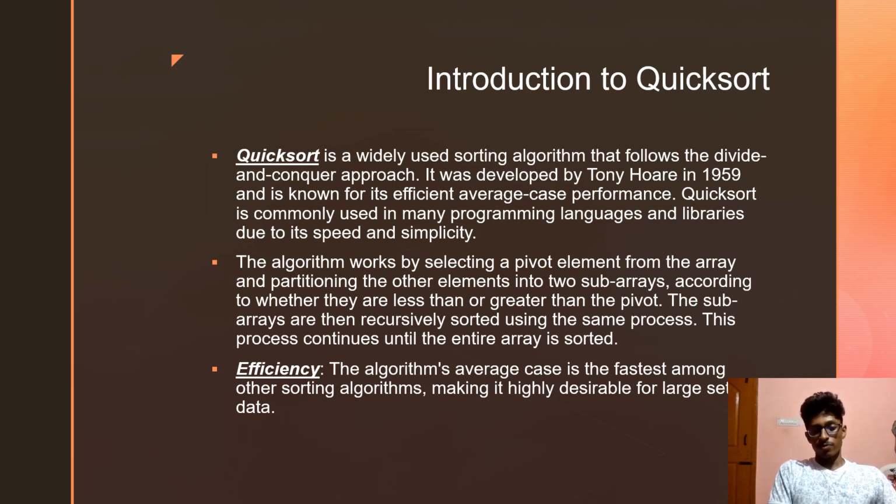While performing the partition process, subarrays are divided and the subarrays undergo the partition process which further arranges them, and then you finally combine them and form a single array. And when we are talking about efficiency, the algorithm's average case is fastest among other sorting algorithms, making it highly desirable for large sets of data.